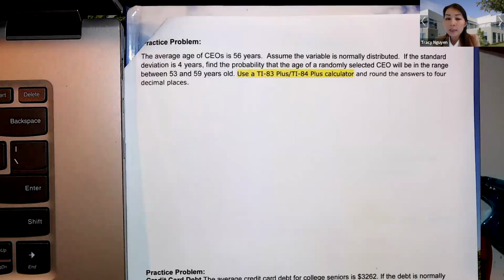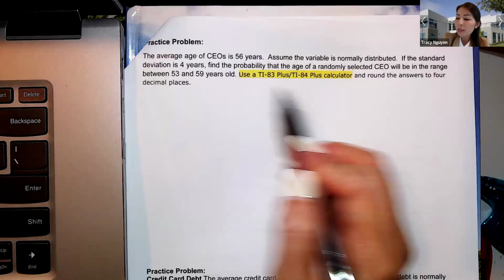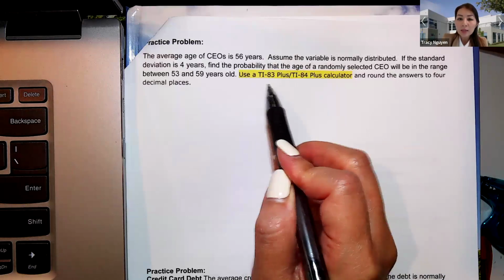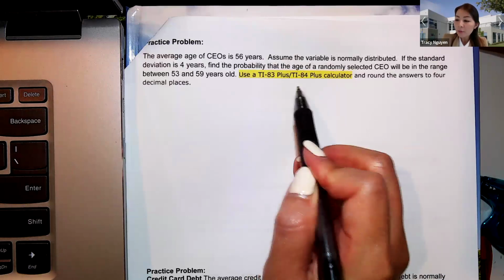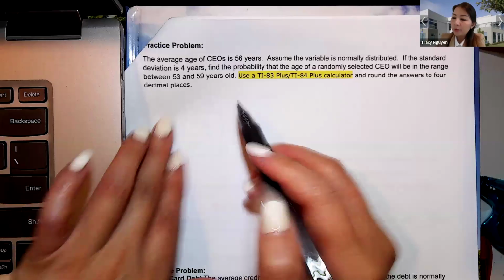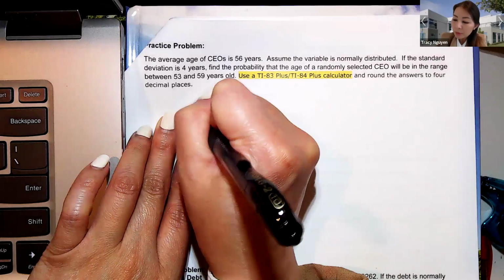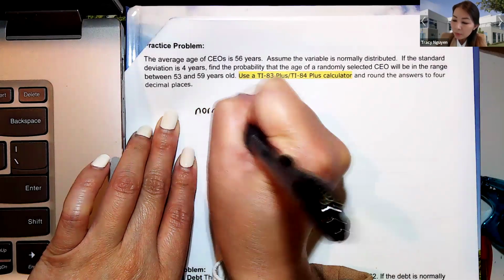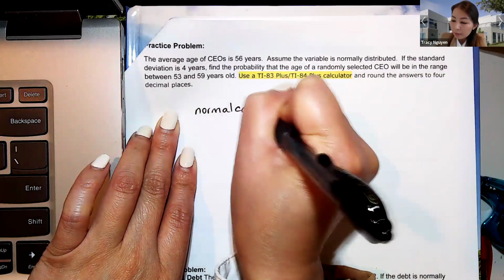Same problem, but it tells us to use a TI-83 or 84 Plus calculator, and we're doing it for the case between. So we're going to do normalcdf.